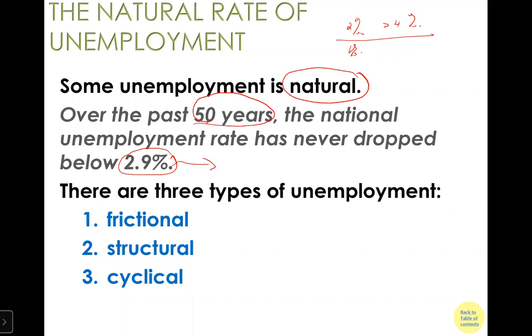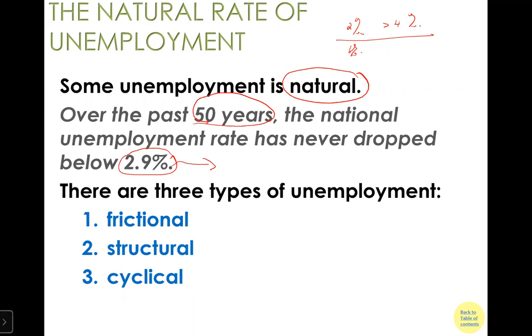Okay? But then we need to find out what they are and why certain types of unemployment are natural and we must live with them. To answer that question, we need to characterize unemployment by what is natural.